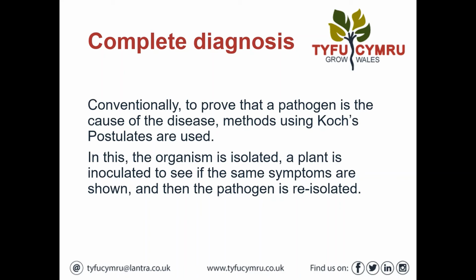And in that, the organism has to be isolated, and then a plant is inoculated to see if the same symptoms are shown, and then the pathogen has to be re-isolated from those symptoms. So going through a number of stages to show unequivocally that the pathogen is the organism that's been causing the disease in that plant.